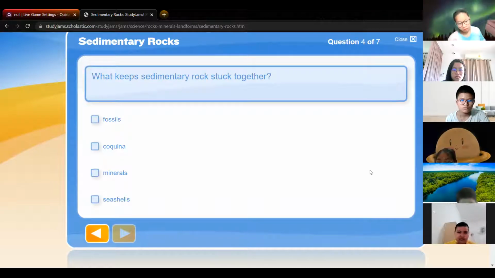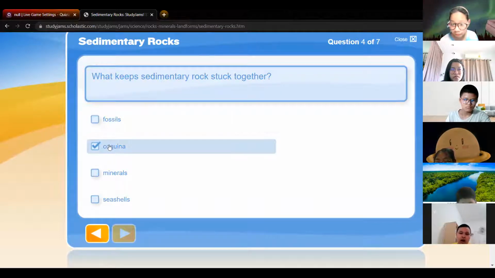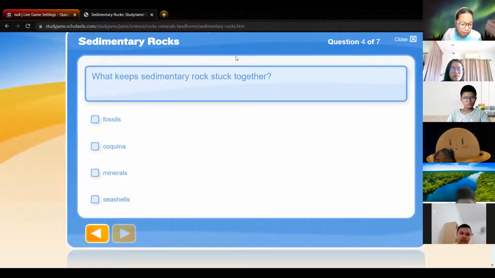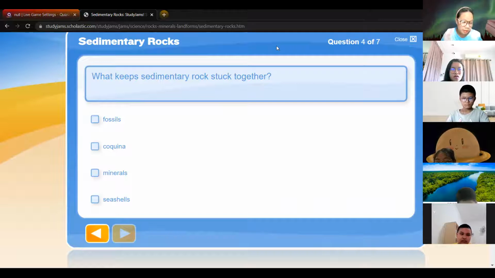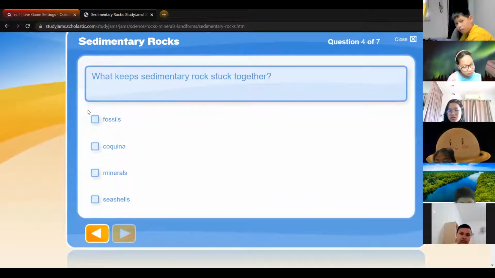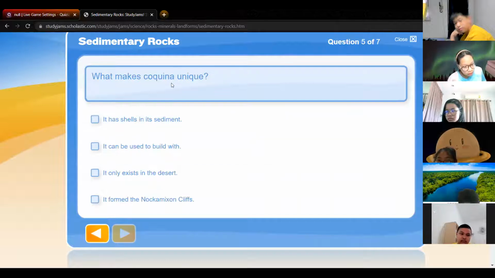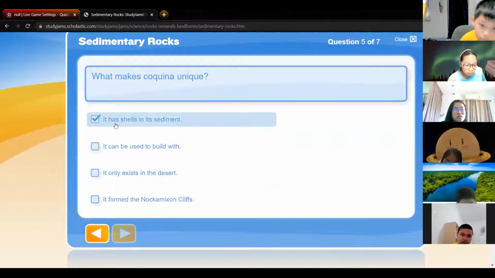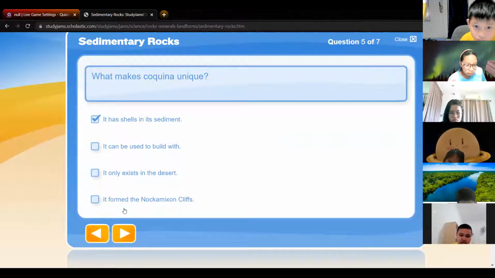Let's go with Jirayu this time. What keeps sedimentary rock stuck together? Fossils, coquina, minerals, or seashells? Fossil. Okay, fossil. Next question, I will be the one to answer this one, because we haven't discussed this.